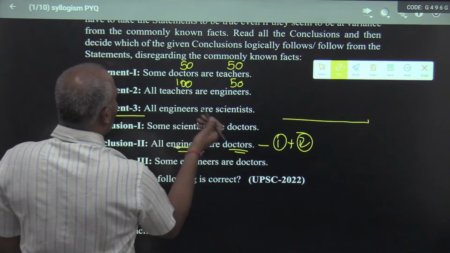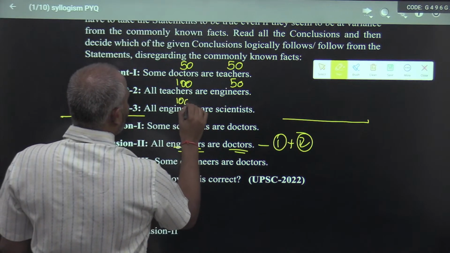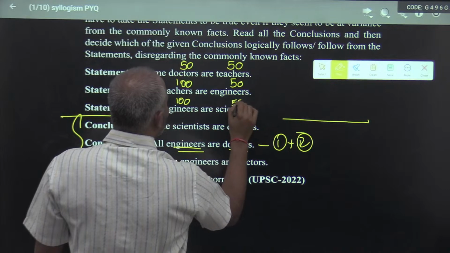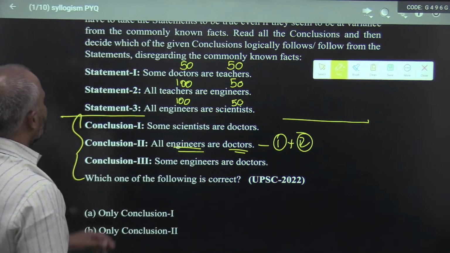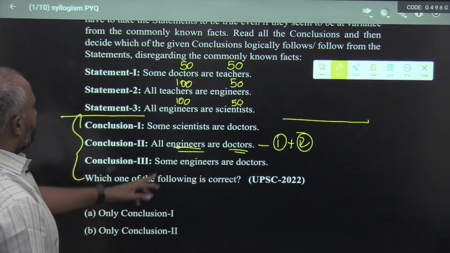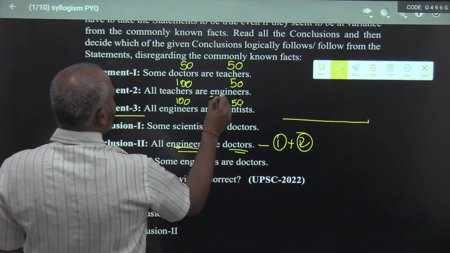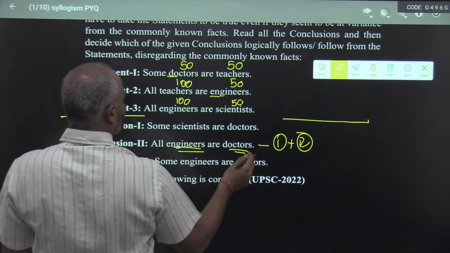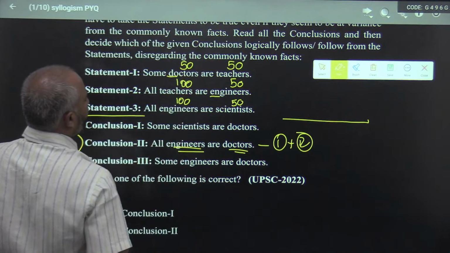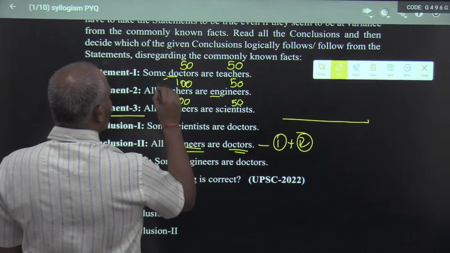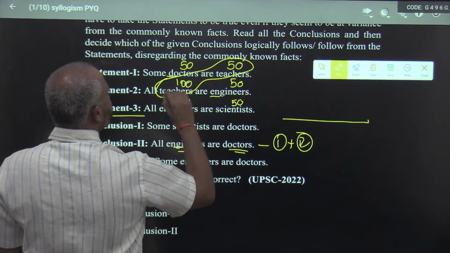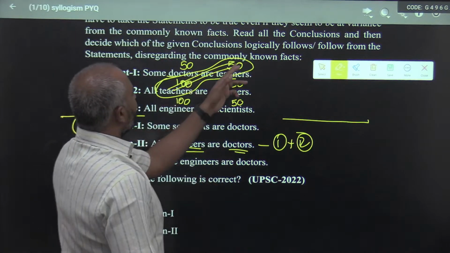Next, all engineers, positive statement 100, scientists, positive statement 50. Now we need a relationship between engineers and doctors. Engineers are here, doctors are here. So this conclusion is from statement 1 and 2. What is the common element? Common element is teachers. So can you make a relationship?